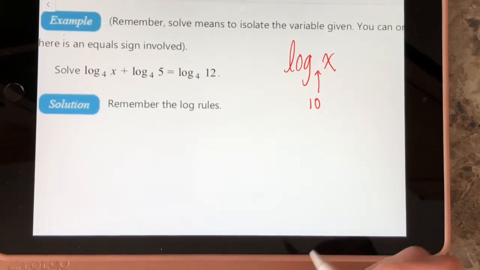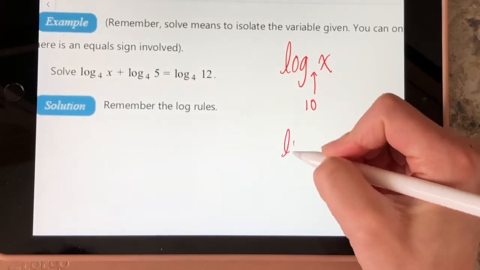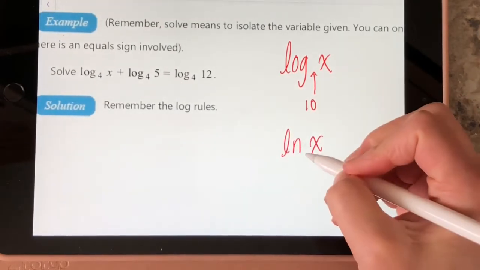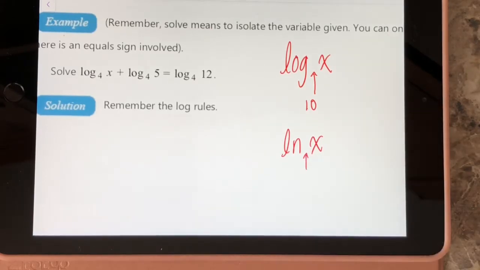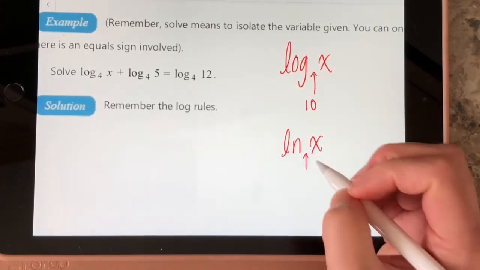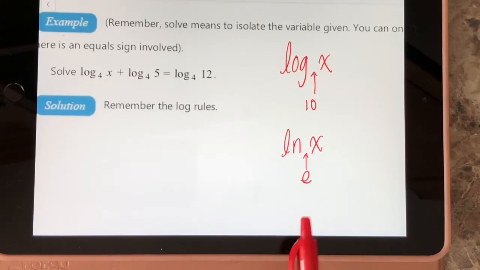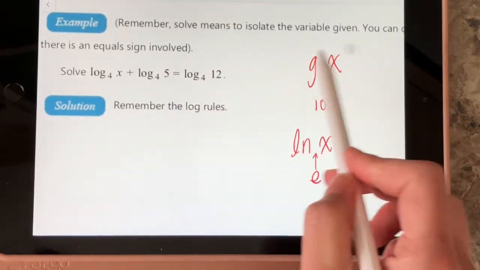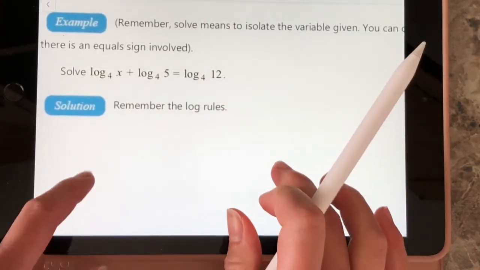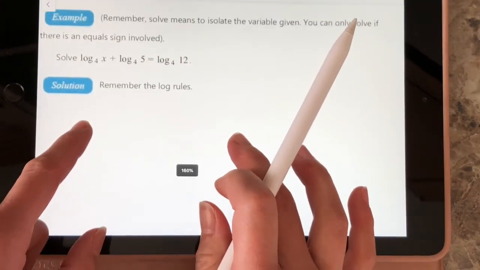If there's no base written for the natural log, what is that base? It's e. So if there's no base written for the natural log, it's e. On this one, if there's no base written, it's a 10.